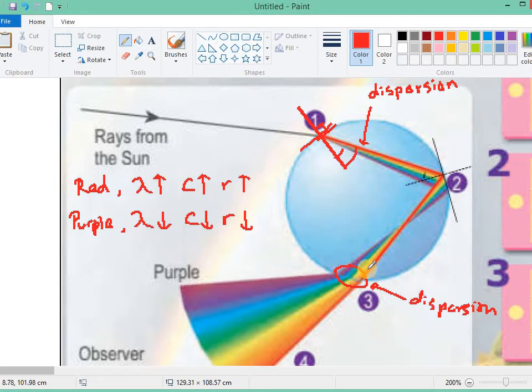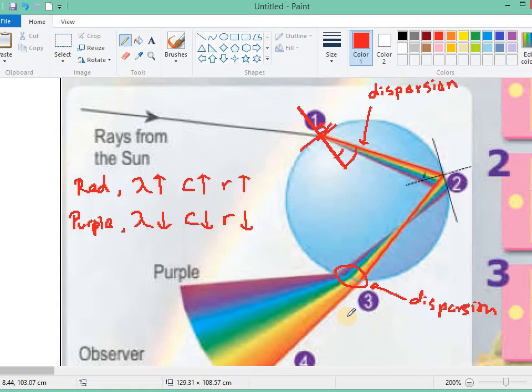So that means when they come out from the water droplet into air, the change in the speed will also be different. That means red light, when come out, it only become faster a little bit because red light is already fast. Okay, because red light when go into the water, it only slow down a little bit. So when come out, it only become faster a little bit. Okay, and purple, so from orange, yellow, green, light blue, blue to purple.